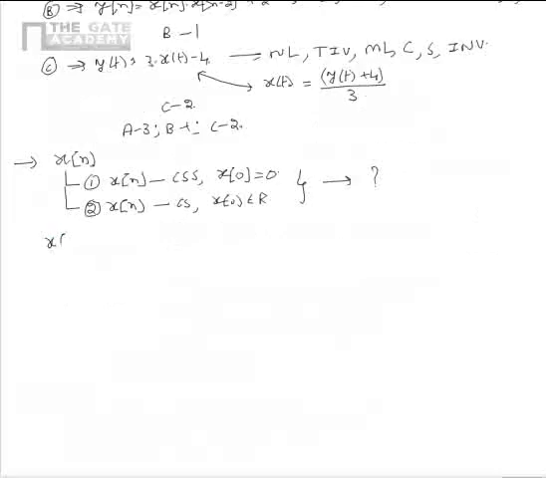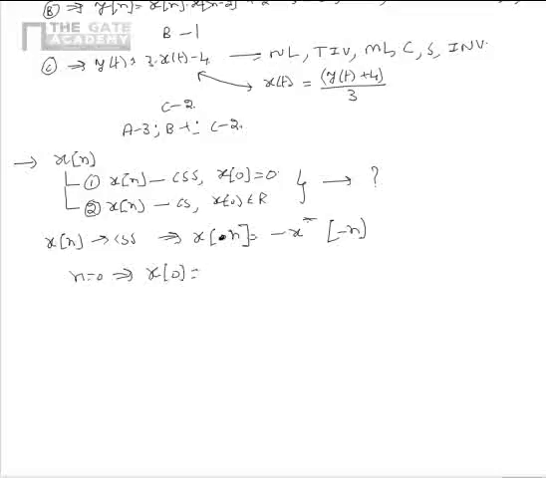Let us consider the first statement, as per which x of n is conjugate skew symmetric. So it must satisfy x of n is equal to minus x star of minus n. Now, if we substitute n is equal to 0 here, we see that x of 0 is equal to minus x star of 0.